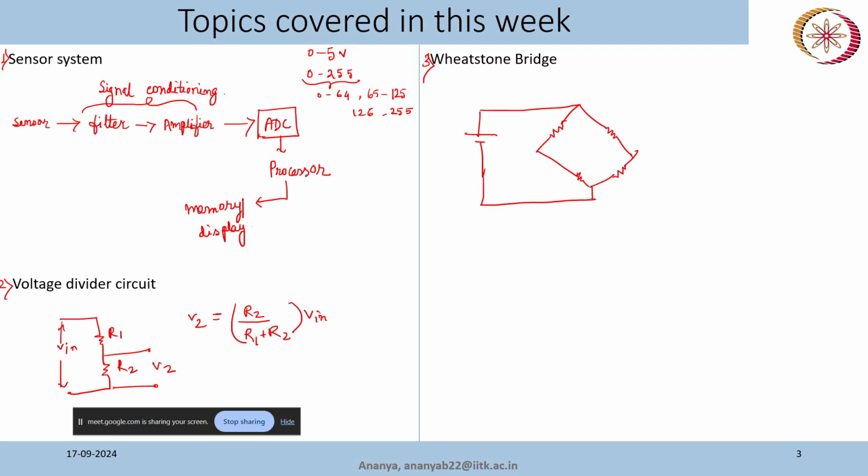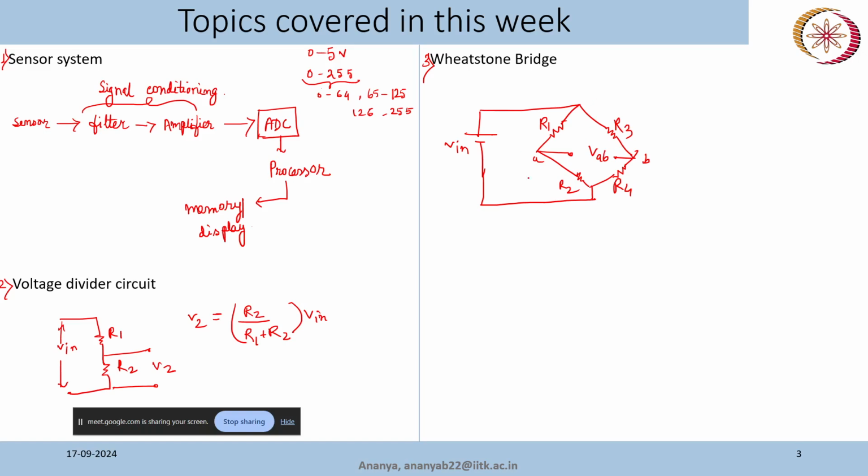So this is a Wheatstone bridge. Say this is V in. These resistors are R1, R2, R3, R4, and say this is node A and this is node B. So this voltage is VAB.